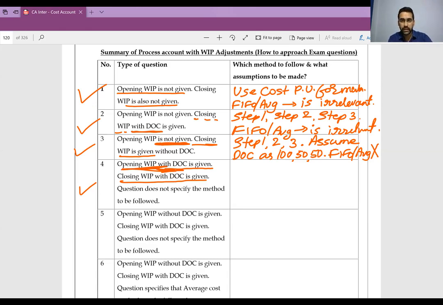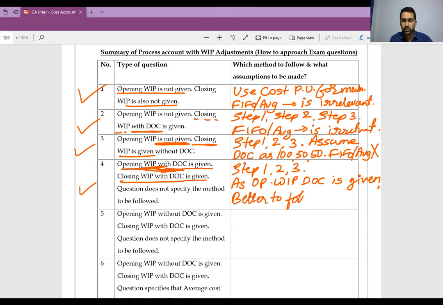Start writing step 1, 2, 3 to be followed. Next, as opening WIP DOC is given, better to follow FIFO method.